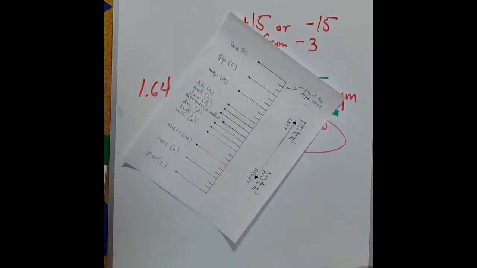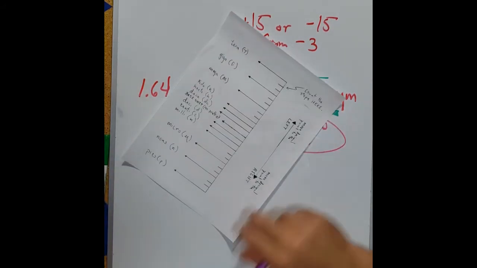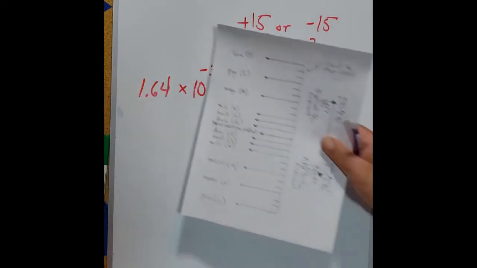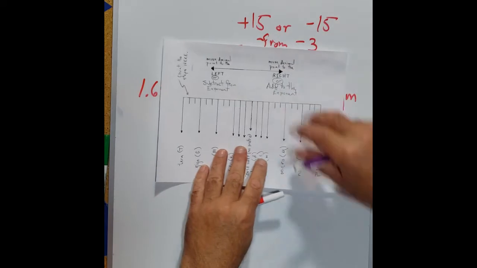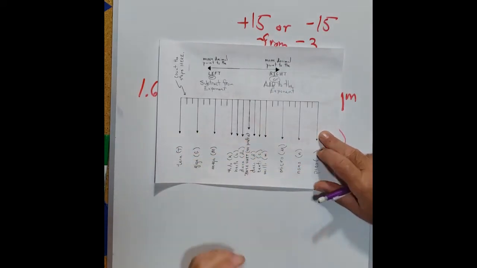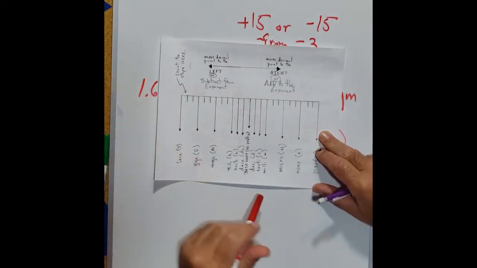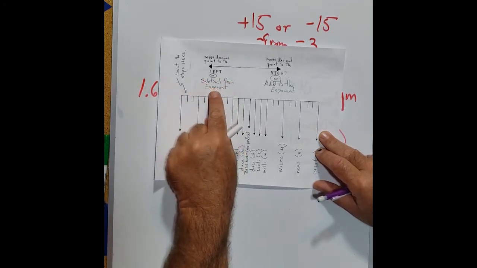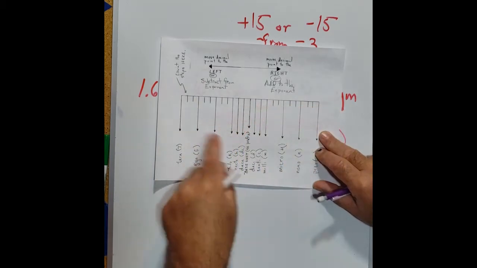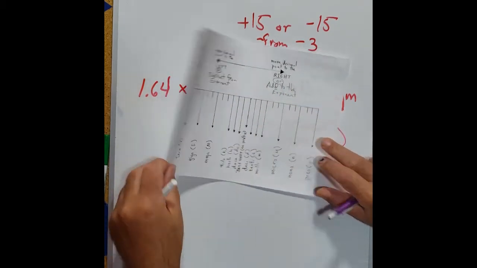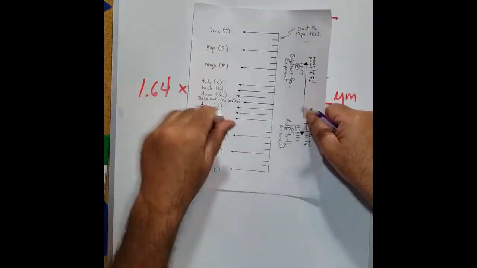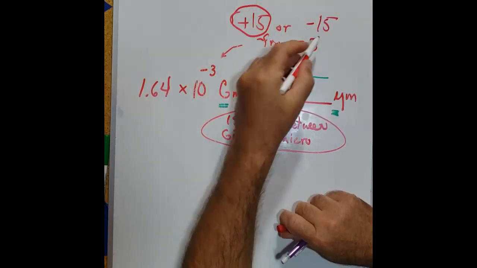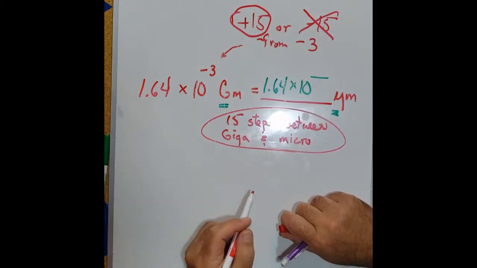Now, if you added that little bit of extra information to your ladder chart here, if we're going up this ladder, we're going to subtract from the exponent. If we're moving down this ladder, we're going to add to the exponent. Well, giga to micro means definitely going down, so we're going to do the addition. We're going to add 15. We're not going to subtract.